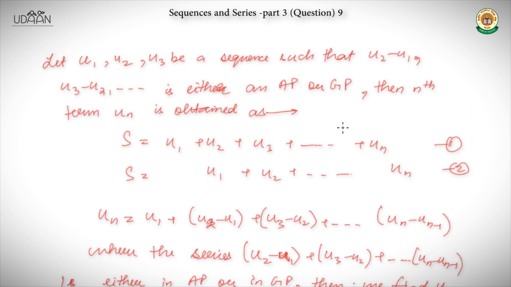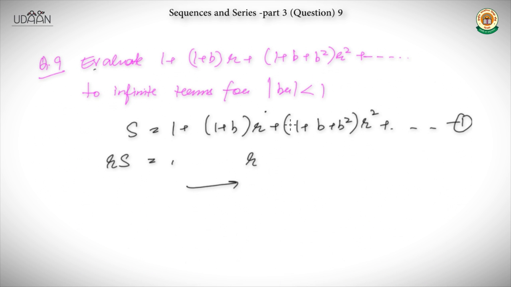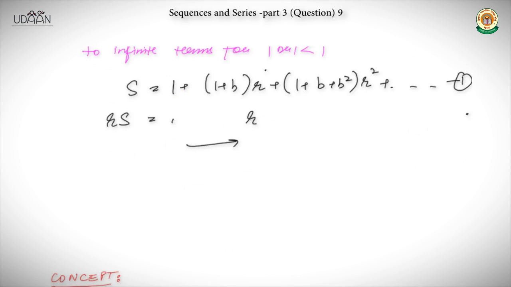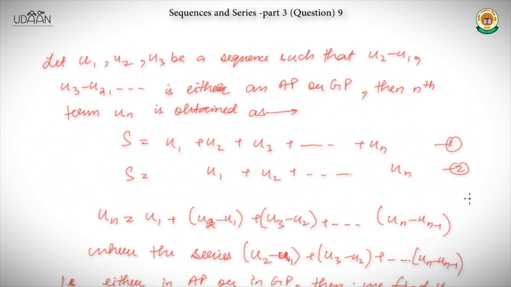Now we say that let u1, u2 and u3 be a sequence, such that their difference, we can see the difference is in GP, 1 plus b and 1 plus b square, their difference is like b square. So again, if this happens and in the series you can't really find a good pattern, we just define our series and then multiply by some required term, and just shift it one term to the right.